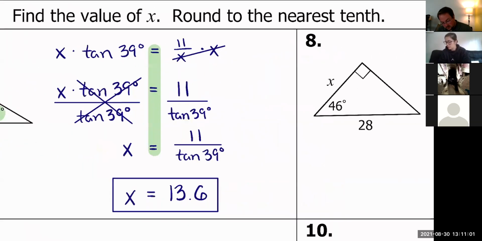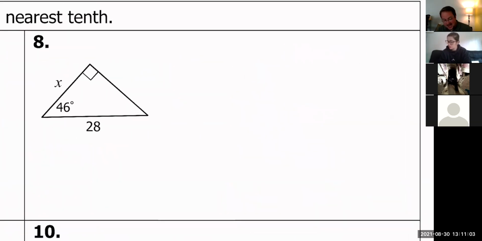I'm going to jump over to number 8, just because it has a slightly different feel to it based upon how our equation sets itself up. Still using that angle as my focus point. With respect to that angle, what do we have? We have the hypotenuse, that's my 28. And where's that x located?